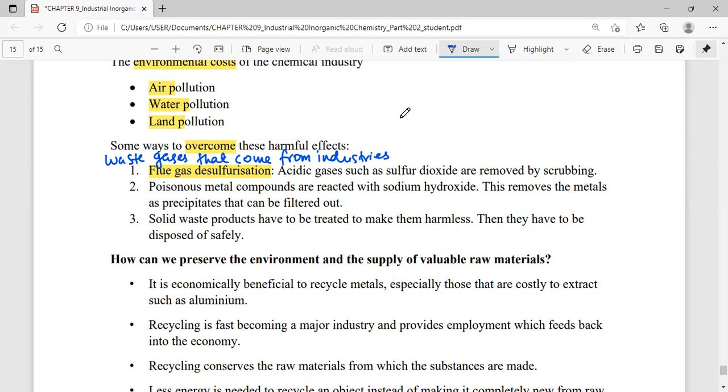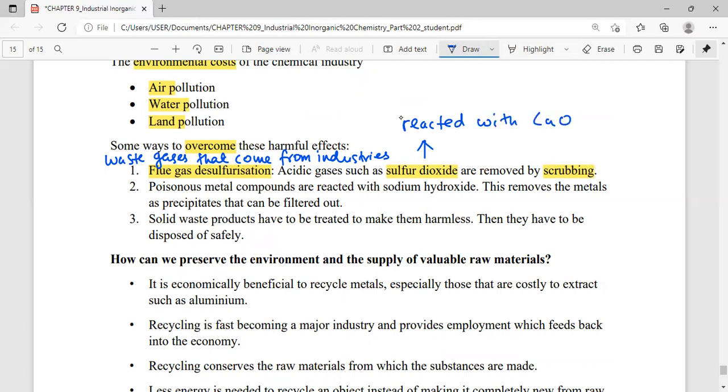So what the industries have to do now is treat the gases before they are released into the atmosphere and create more harm for people. For example, acidic gases such as sulfur dioxide are removed by scrubbing. Now, what does scrubbing mean? The sulfur dioxide is reacted with calcium oxide.